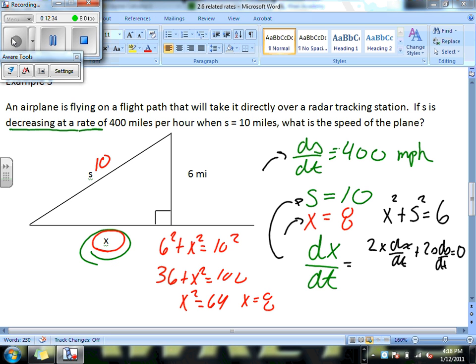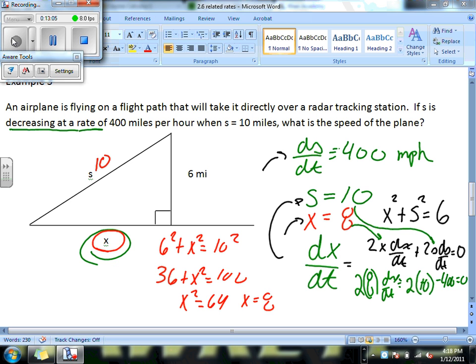I'm looking for dx/dt, but in these given conditions, I know what x is, I know what s is, and I know what ds/dt is. So let's go ahead and plug that in. So 2 times 8 dx/dt plus 2 times s, which is 10, times ds/dt, which is negative 400, and that all equals 0.